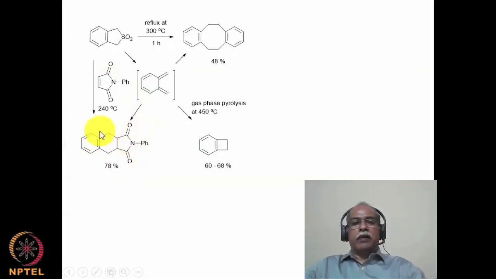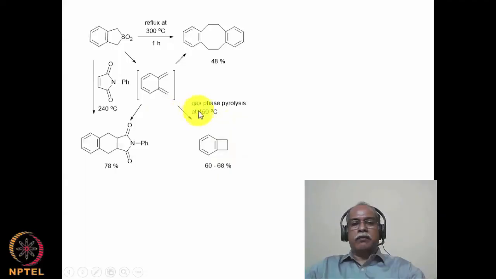78% yield. If it is not done in the solution phase but in gas phase pyrolysis at high temperature, the orthoquinodimethyl that is formed undergoes a ring closing reaction to give the cyclobutene. Essentially, this is a gas phase reaction through a flow system probably, where the benzocyclobutene is trapped and cannot further undergo decomposition to the orthoquinodimethyl in a reversible manner.